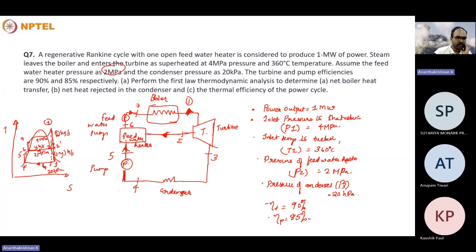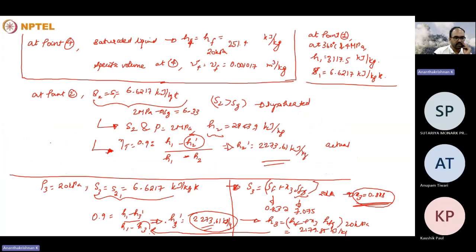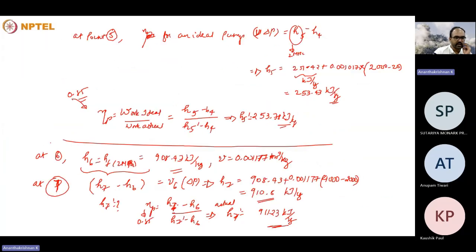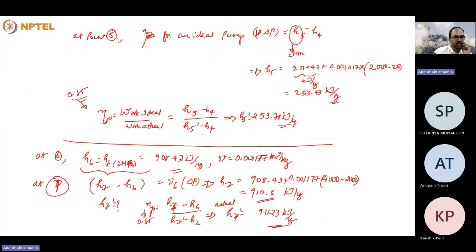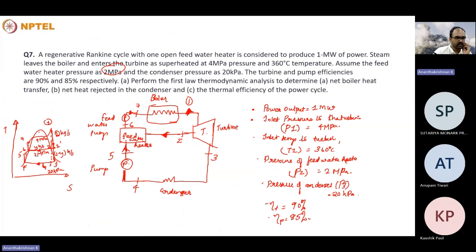So we have also made sure that we considered all that to get the new enthalpy points. And finally, once we know enthalpies, we have to go for the mixing between the feed water and the pumped water.